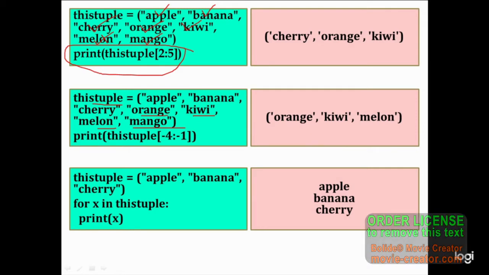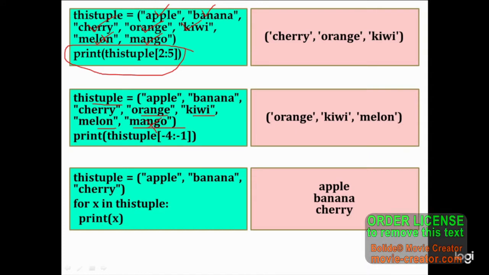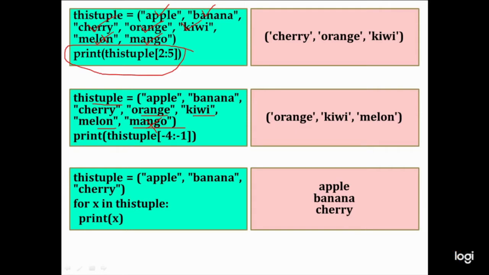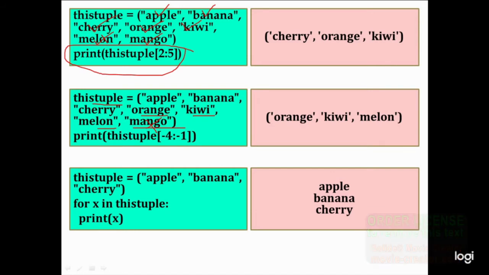Up to where you have to print? -1. -1 is mango. As per the rules, the last index number of the range will be excluded. Then here it will print up to melon. Then the result will be orange, kiwi and melon.